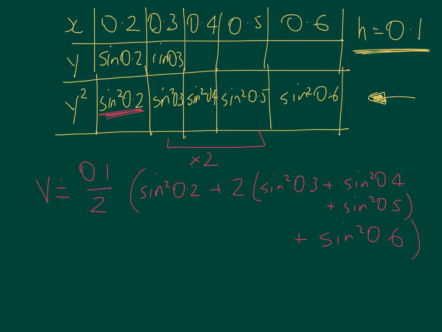Now again, because these values in here contribute to two different trapeziums, once we graph that, what we end up with is doubling those ones and adding just one lot of the first and the last.